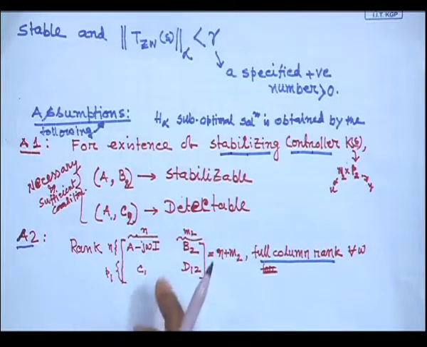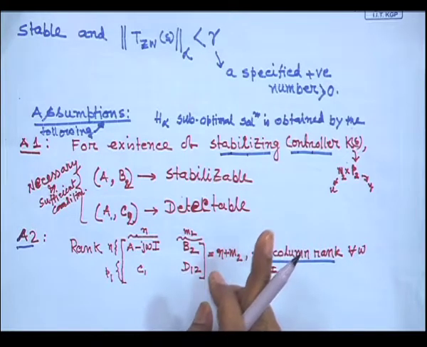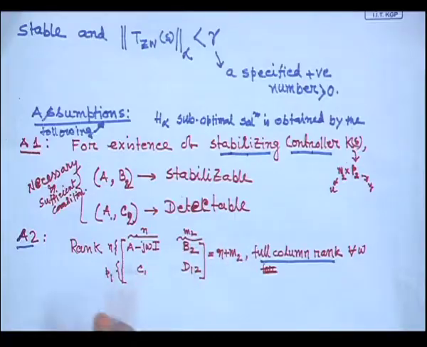is this: when we design the H infinity controller, we have to solve two Riccati equations, and the existence of the two Riccati equations guarantees that this rank condition must be satisfied. What is the first?